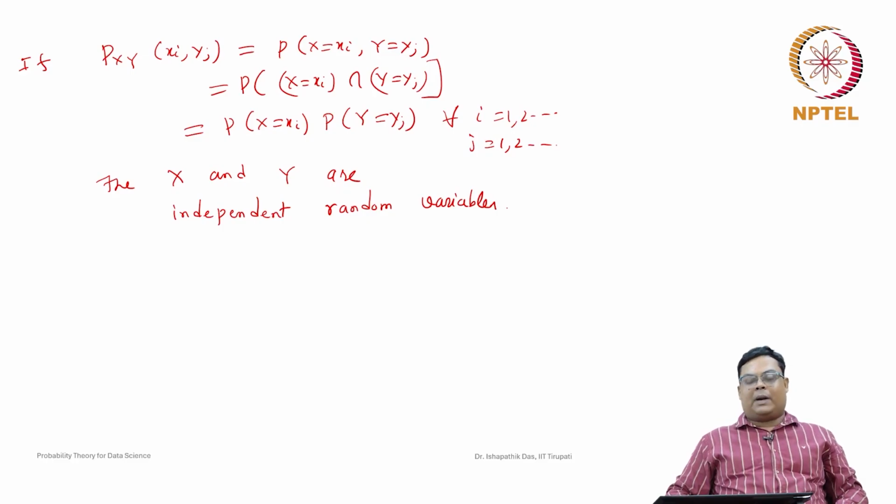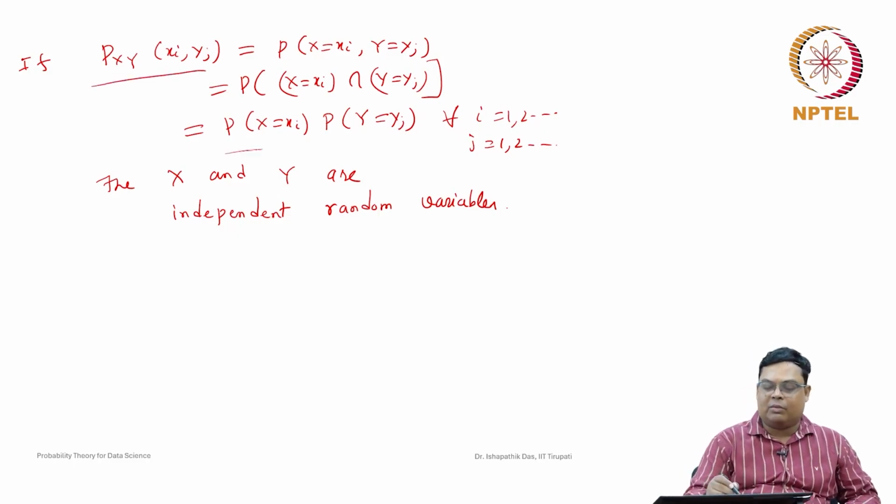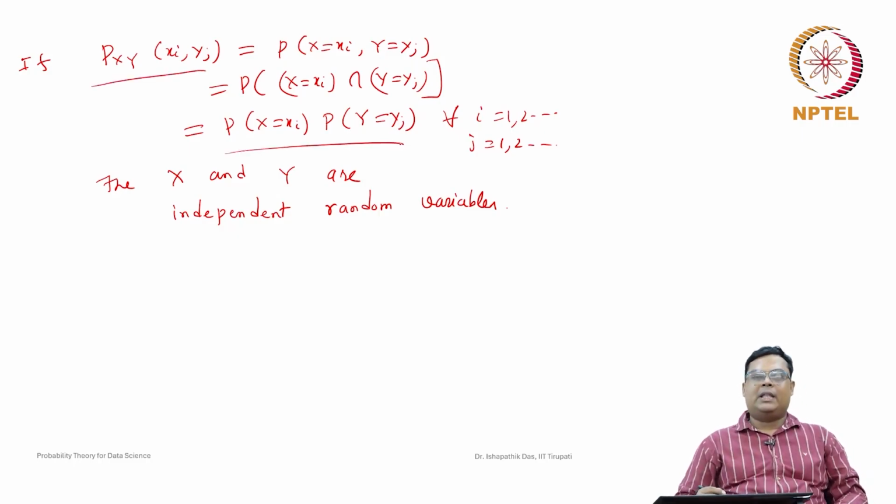It may be true for particular values of xi and yj, but then we cannot say that x and y are independent random variables. For independence we require this condition to be satisfied for any i and j; only then can we say that x and y are independent random variables.